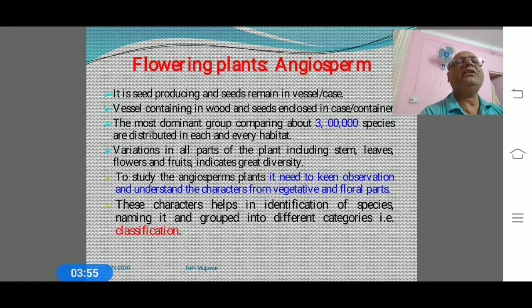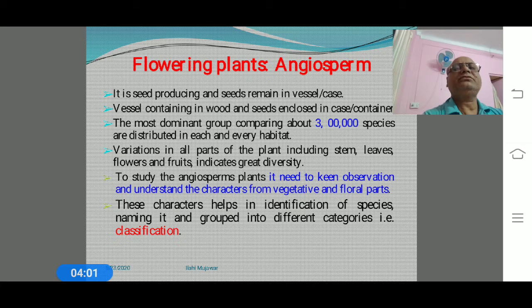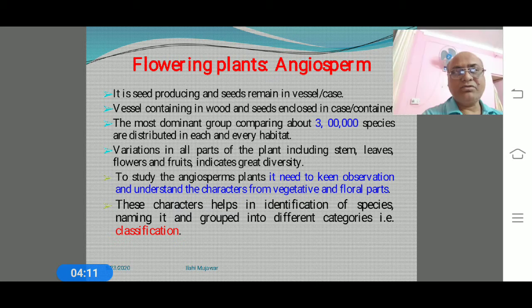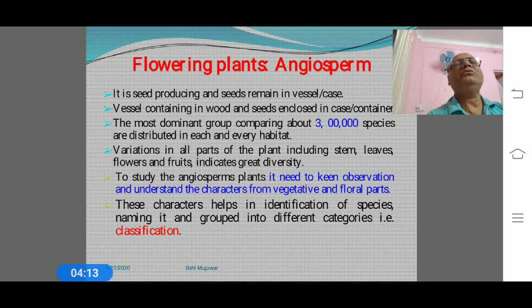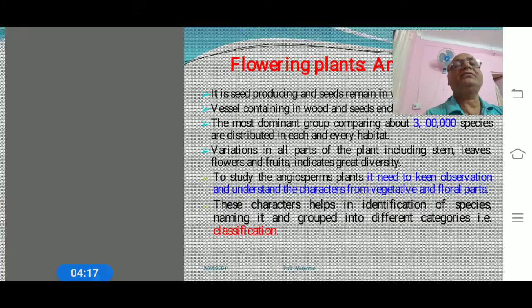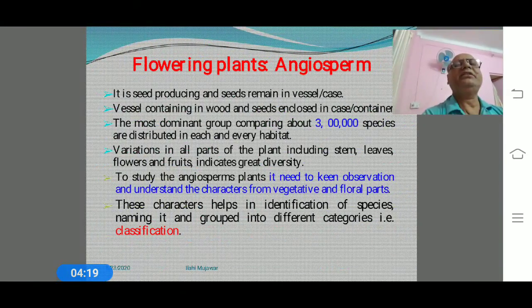That means everywhere the flowering plants are present. Variations in all parts of the plant, including stem, leaves, flower, fruits, indicate great diversity. So great diversity is the most important part in the angiospermic plants. Later we discuss in detail what the variations are.